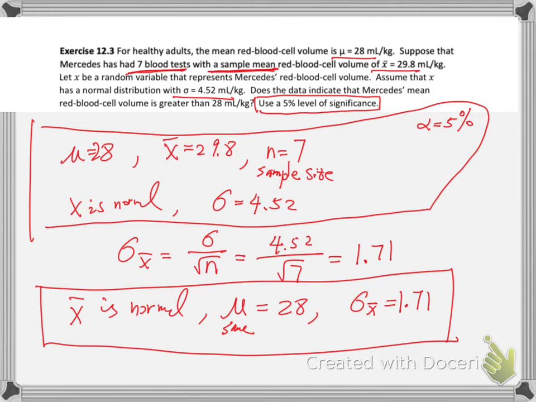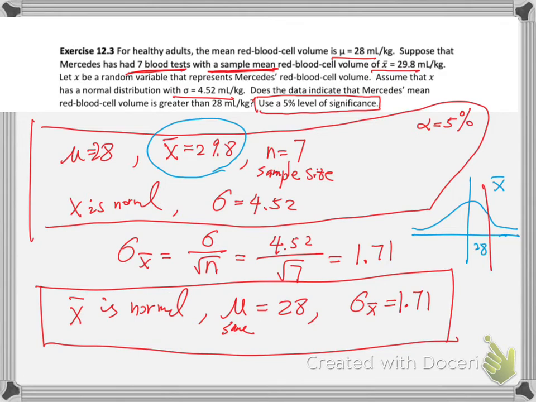We know where the cutting line is, because x bar is 29.8. If you draw a picture for x bar, x bar is normal, so mu is 28. We took the sample, did the test 7 times, and calculated the average.